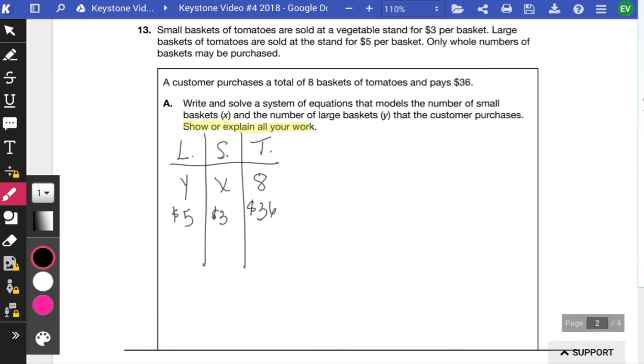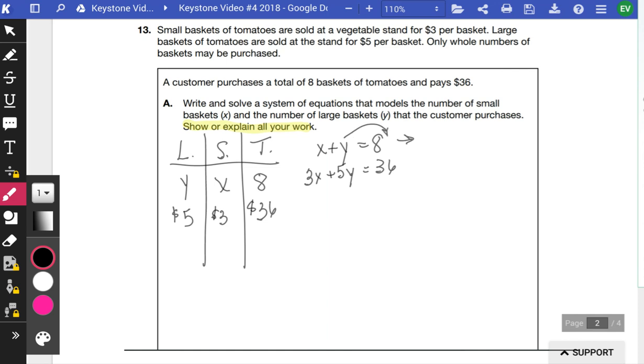That actually gives me my two equations. So x plus y equals 8. And the second one tells me that 3x plus 5y equals 36. That's my total dollars. In order to solve this one, you can do either elimination or substitution. I prefer substitution, so I'm going to take the first equation.